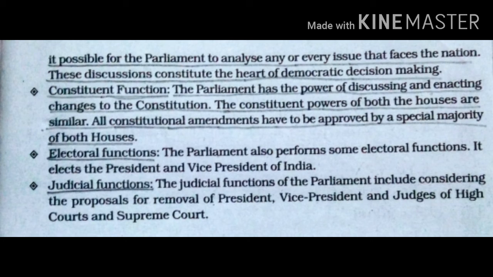Likewise, there are electoral functions and judicial functions. The electoral function is the power of the Parliament regarding how the election of the president and the vice president will be conducted, and how both of them can be removed from their positions.